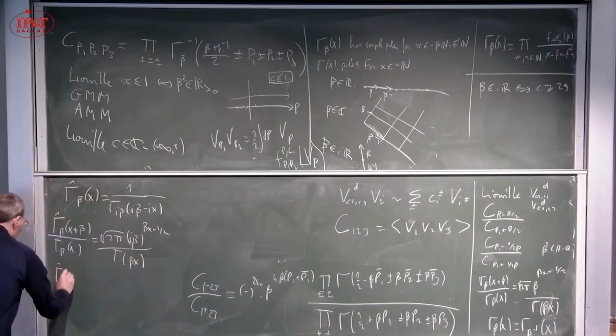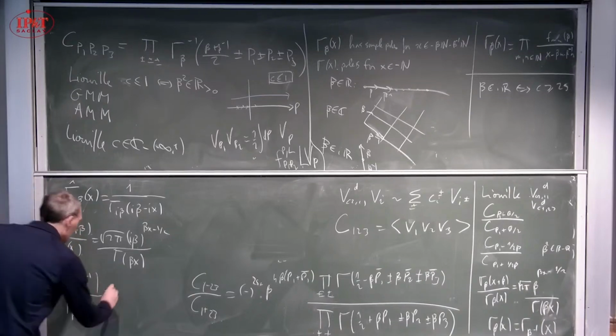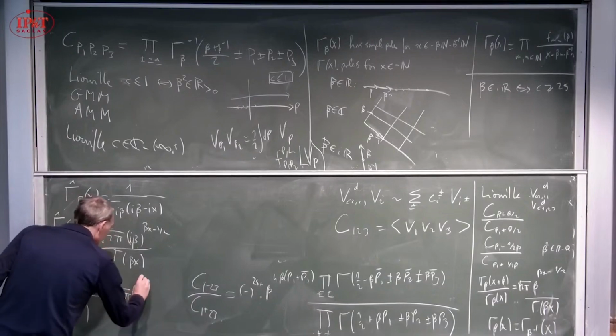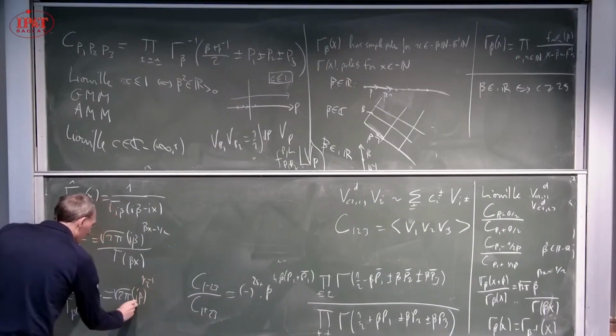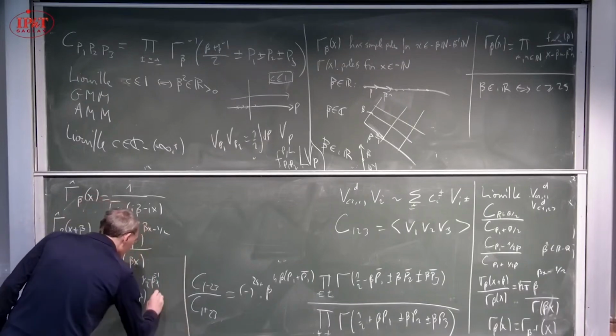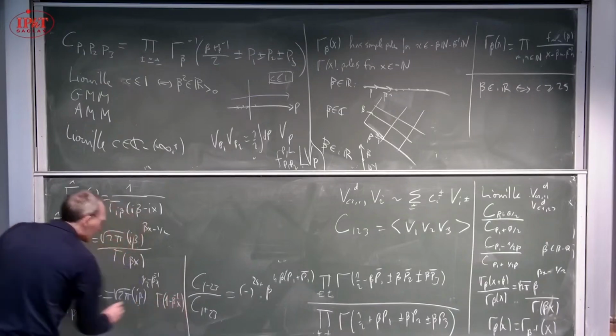And if you look at the shift by beta inverse, well, it's slightly more violent now. You also get the i beta, but also you get a gamma of 1 minus beta^{-1} x.